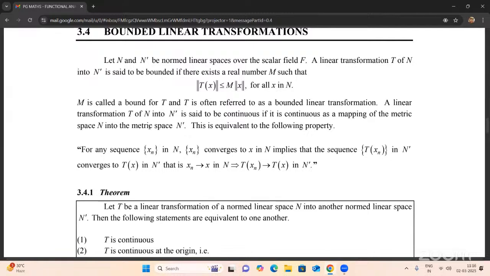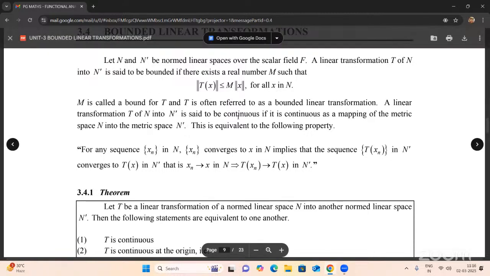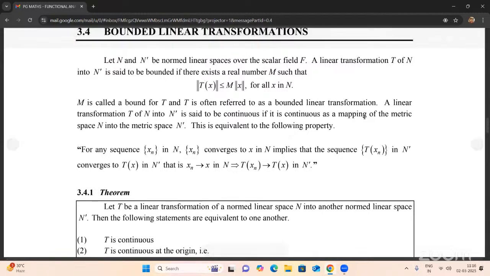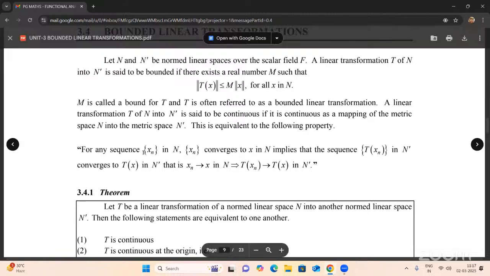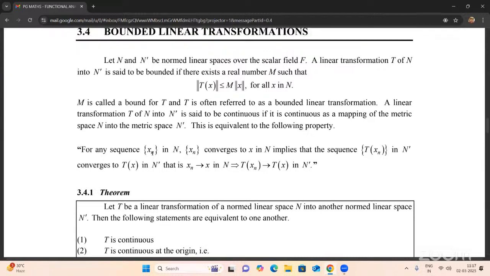Now here, this is the continuity of this part and, through the boundedness of the transformation, it is continuous as a mapping of the metric space N into the metric space N dash. How do we define the equivalence of this property? We must assume a sequence Xn in the domain, and that sequence converges to X. Again we assume another sequence Yn.